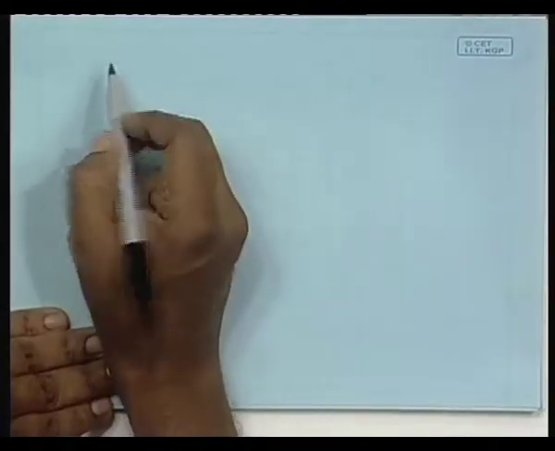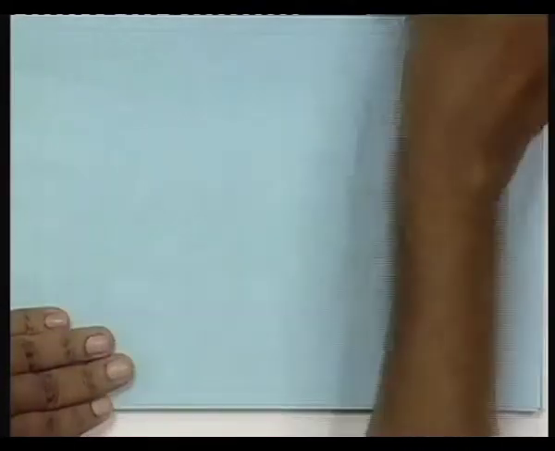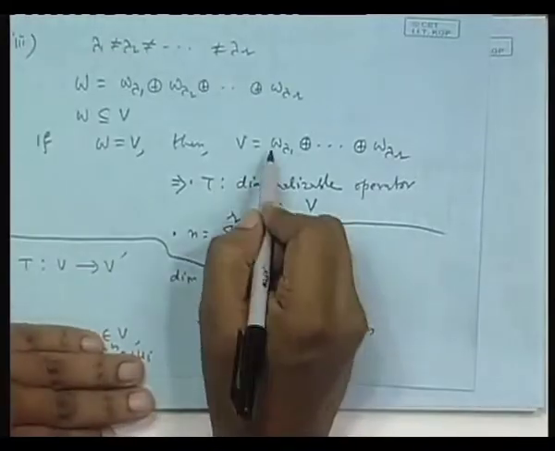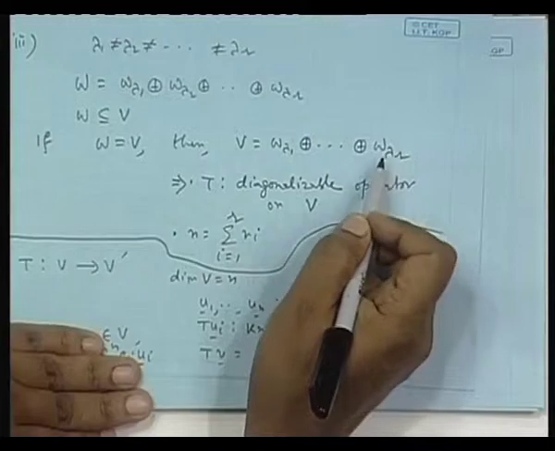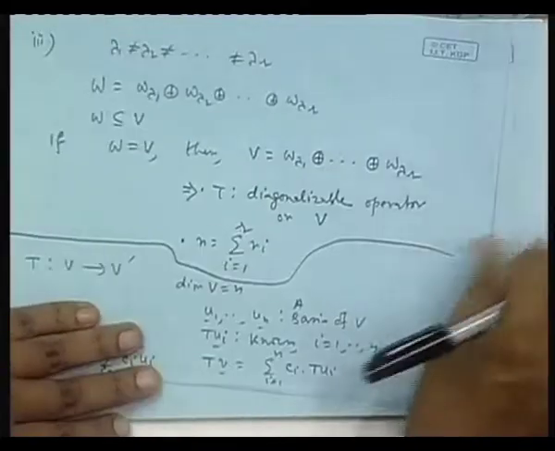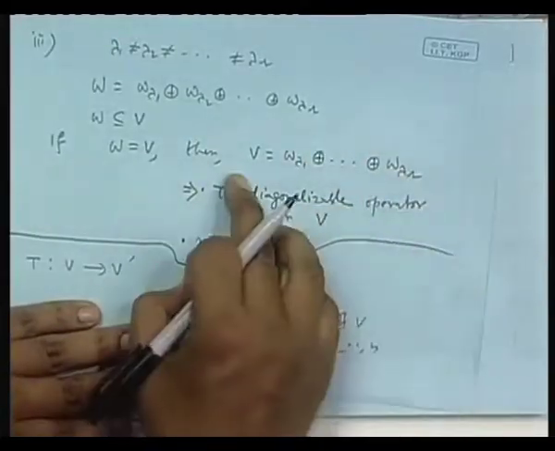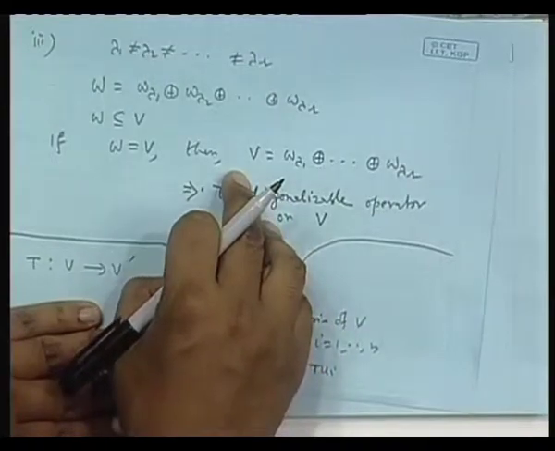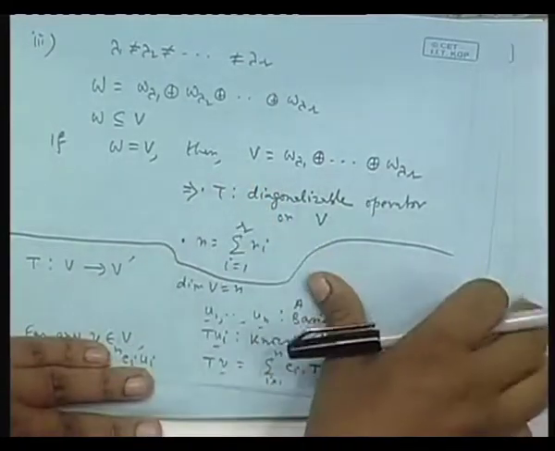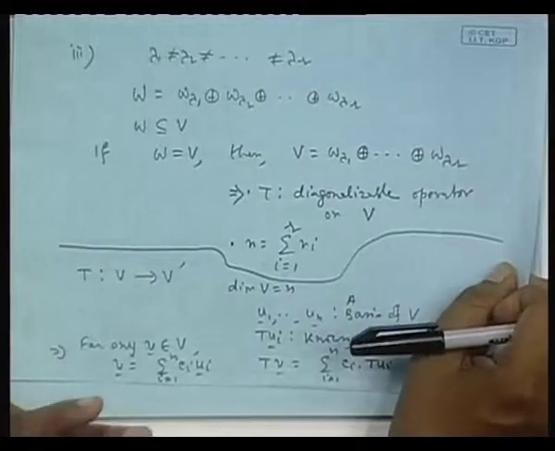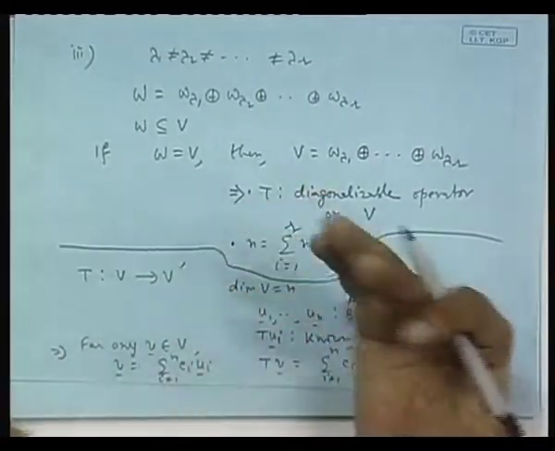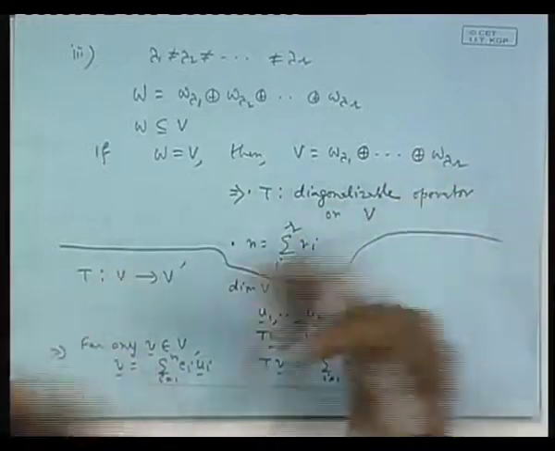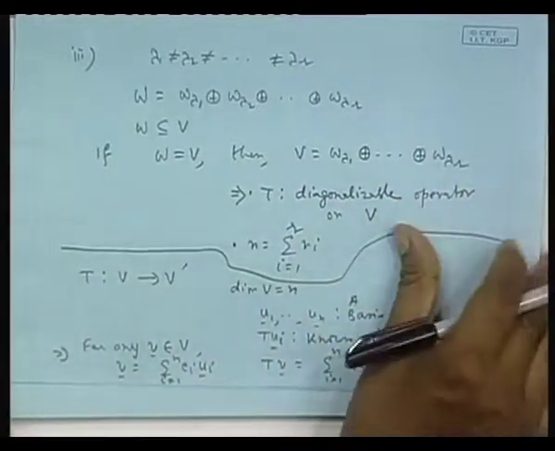Suppose I consider a basis of W lambda 1, a basis of W lambda 2, dot dot dot, a basis of W lambda r, and append them. Then that will be a basis of the original vector space V. On that basis, if I apply T on each of the basis vectors, the result can be written down very easily, and that is what takes us to diagonalizability.